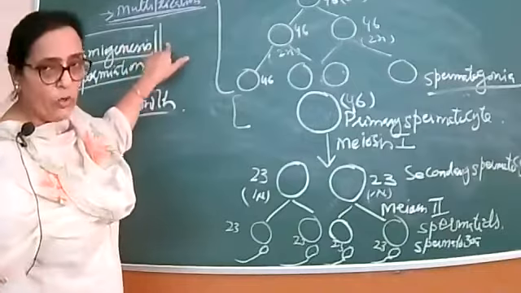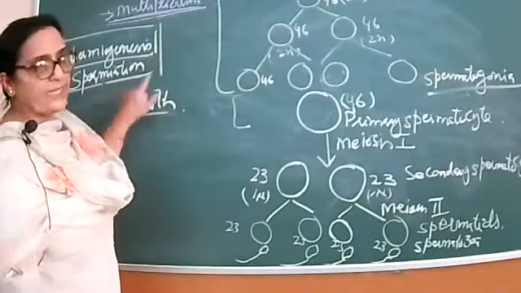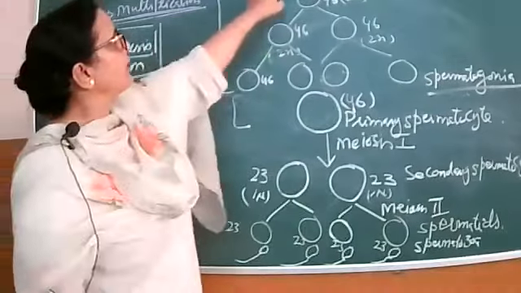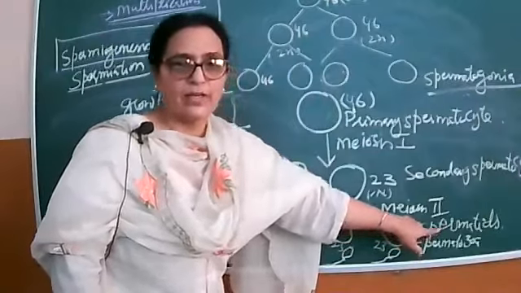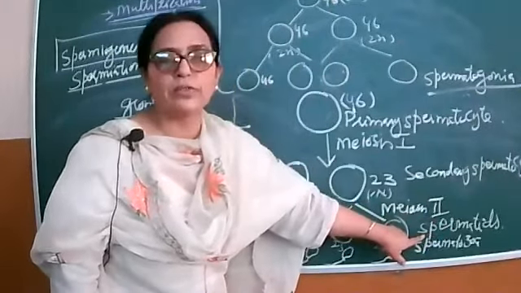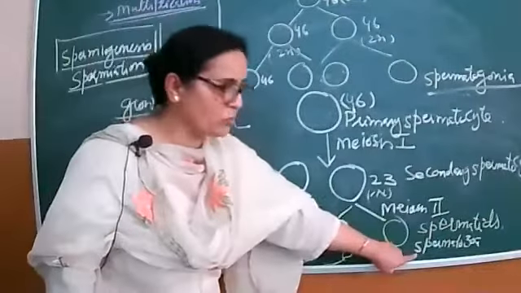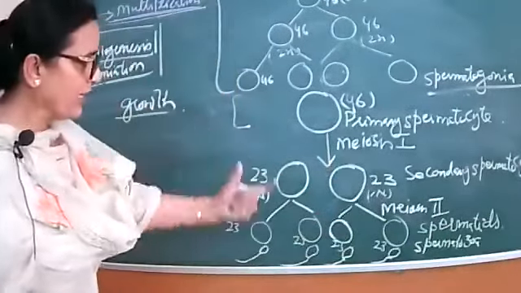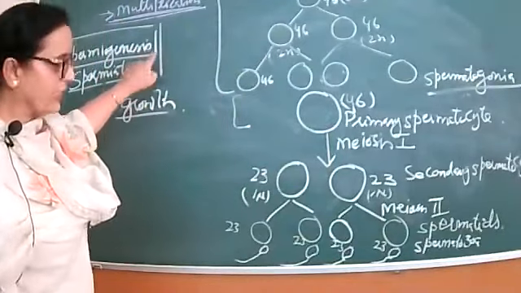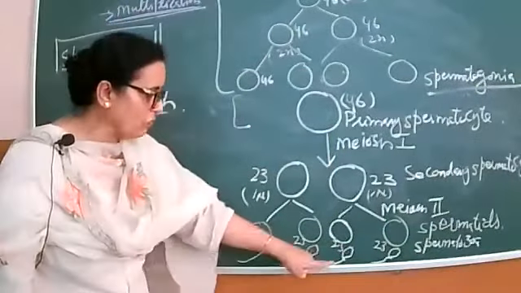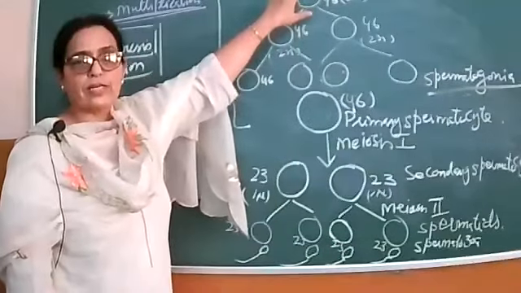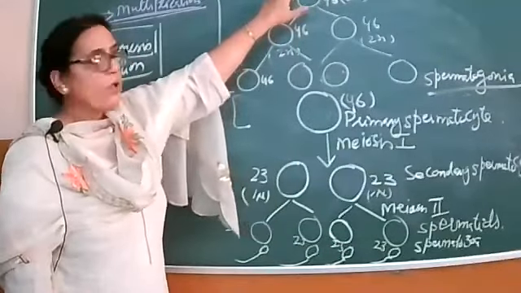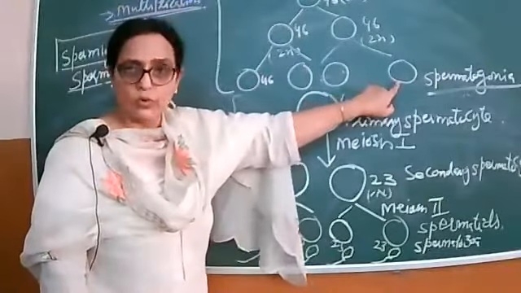So what is spermiogenesis and spermiation? Spermatogenesis forms the spermatids, but these are not morphologically mature structures. Mature structures are the spermatozoa, and then spermiogenesis takes place to change the configuration. So in this way, we started with one cell. First, with multiplication, a number of spermatogonia are formed.